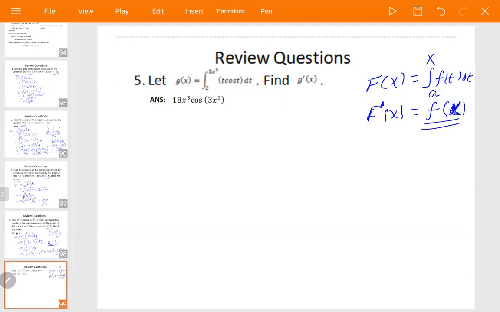Now let us make use of this theorem to find the derivative of this function g.